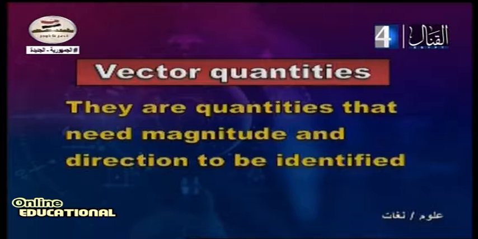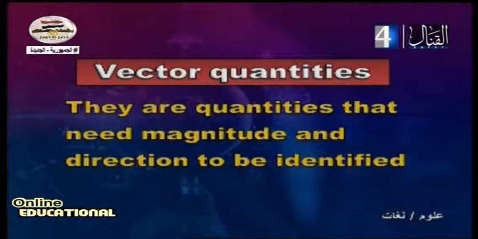Another type of physical quantity is the vector physical quantity. What is meant by vector physical quantity? They are quantities that need magnitude and direction to be identified.